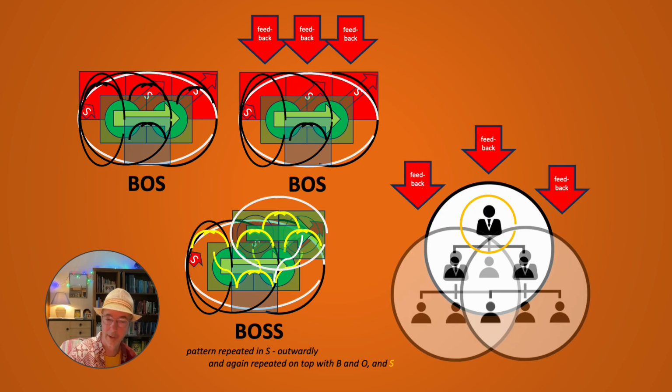Different with the double S, we focus again with the B still repeated and the O also repeated as a frame in that last S. And what do we have?